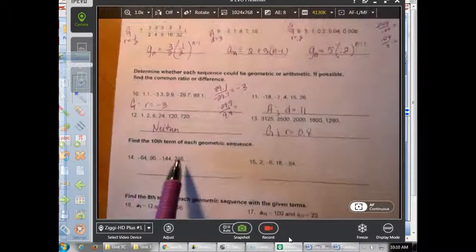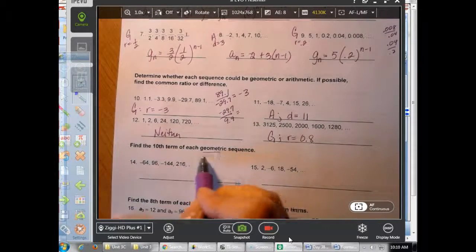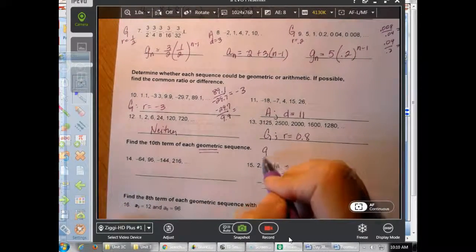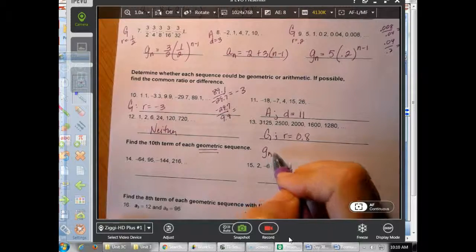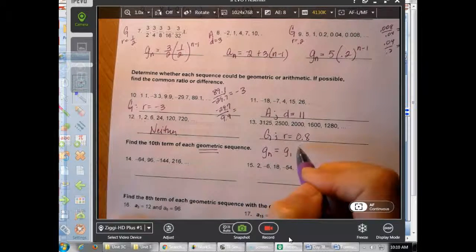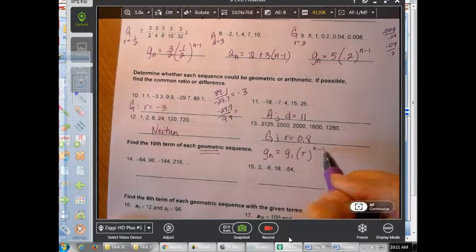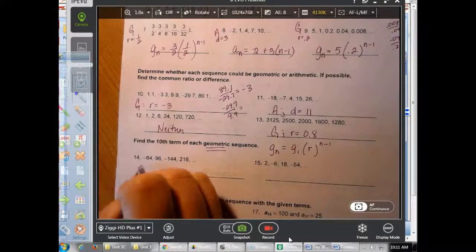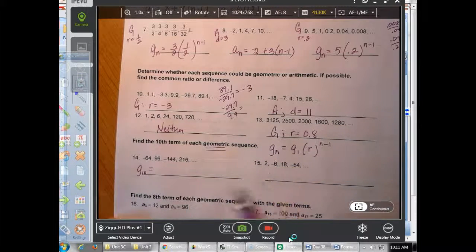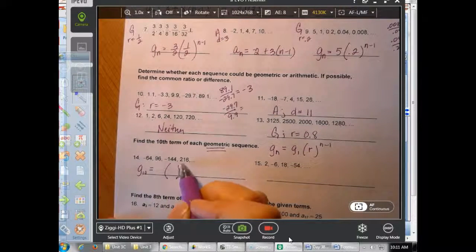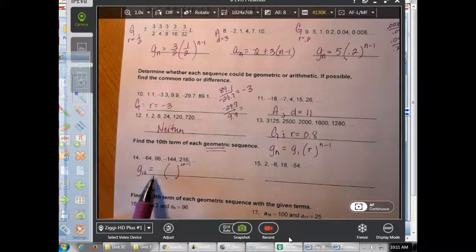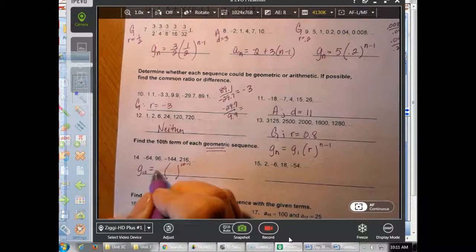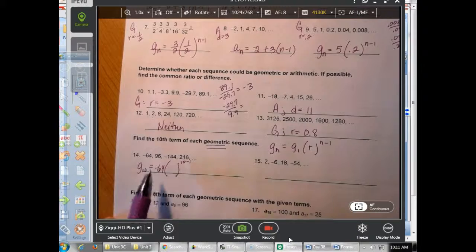All right, so find the 10th term of each geometric. So they're already telling us this is geometric. Let's review our little formula. G sub n is equal to G sub 1 times r to the n minus 1. So if we want the 10th term, we're every single time going to be doing G sub 10, and we're going to do 10 minus 1. The problem is we don't know, well, we do know G sub 1, there it is, but we don't necessarily know r, so let's figure that out.